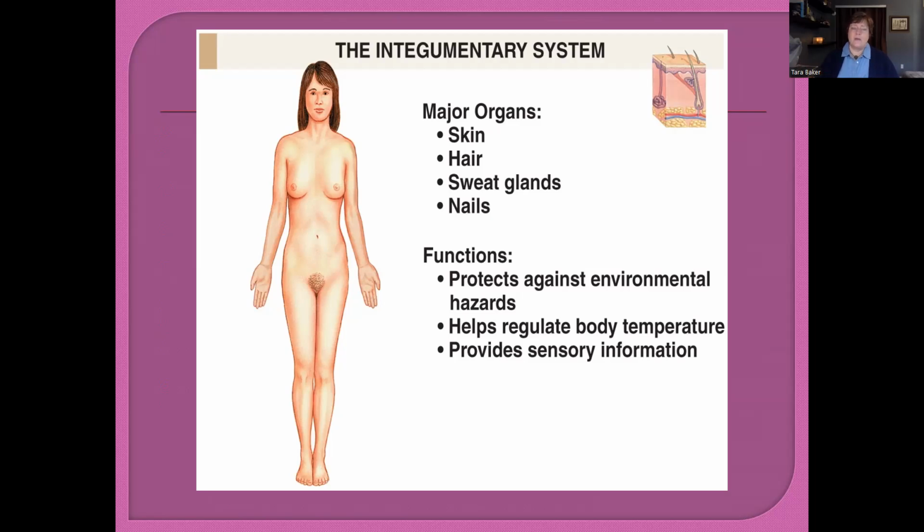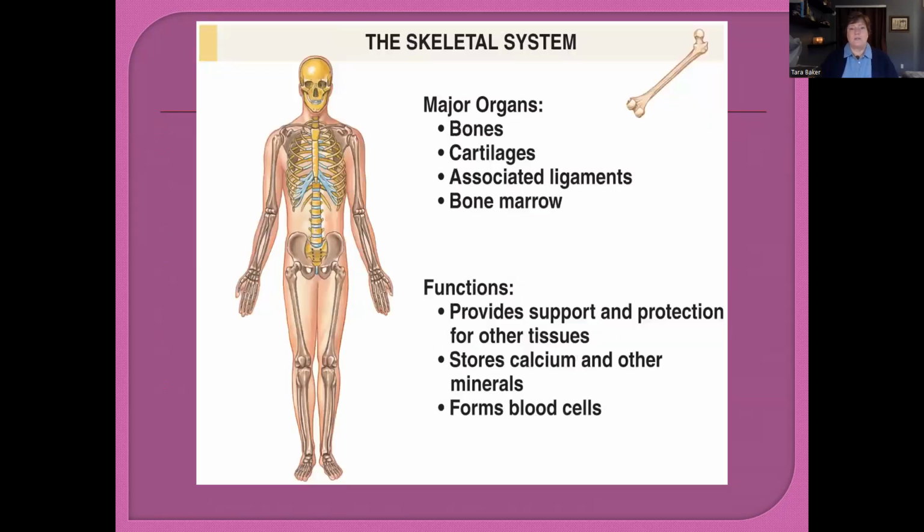And then finally, the integumentary system is really important for providing sensory information. What is the temperature outside? Is it wet? Is it dry? It's going to be giving information about what's going on outside the body to the inside of the body. So we have a lot of sensory nerves at our skin surface. So we're going to be studying the integumentary system. You need to know the organs and the function for each one of these systems in general, and then we're going to spend a ton of time studying each one of the systems individually.